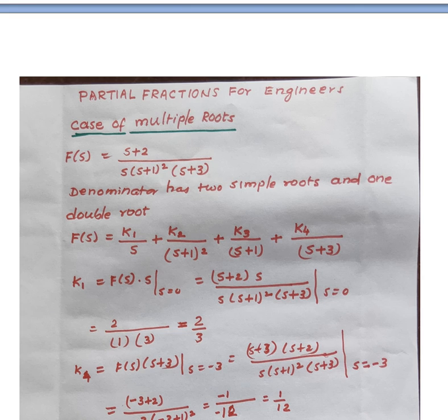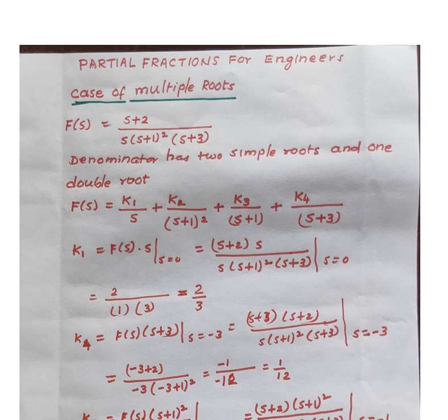In this equation, this s and this s get cancelled. Then substitute s equal to 0. We get 0 plus 2, that is 2 here. Then 0 plus 1 whole square, so we get 1. Next 0 plus 3, we get 3. So we get 2 by 3 as the value of k1.